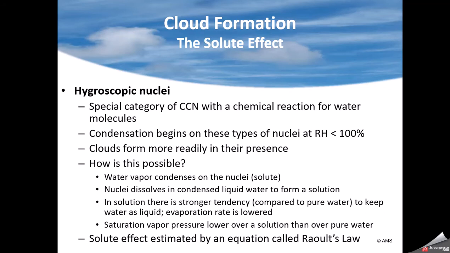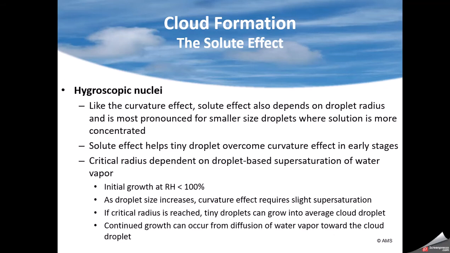If we had a perfectly clean earth, which we don't and never had, we would never have any clouds. It depends on where you are as to what that condensation nuclei is. But that is the key to forming a cloud droplet. When it dissolves, it allows that water droplet to remain. It basically brings the relative humidity, the saturation vapor pressure, back down to where we're used to talking about it, RH near 100%.